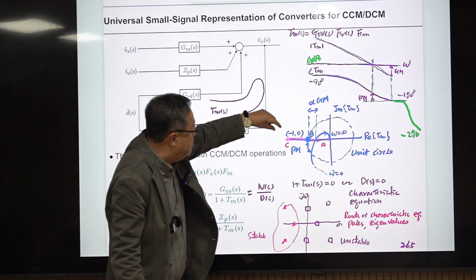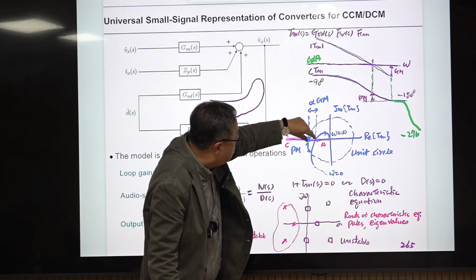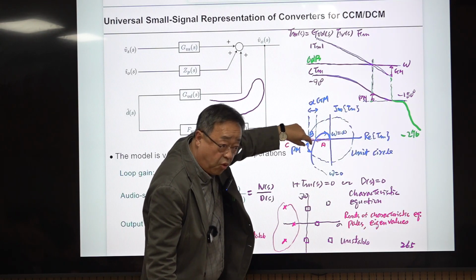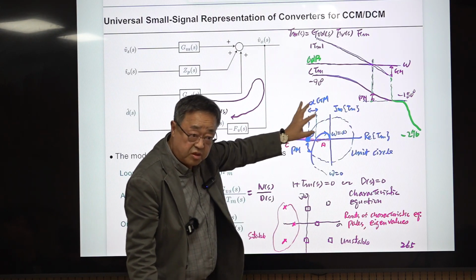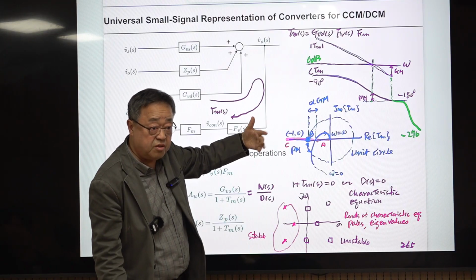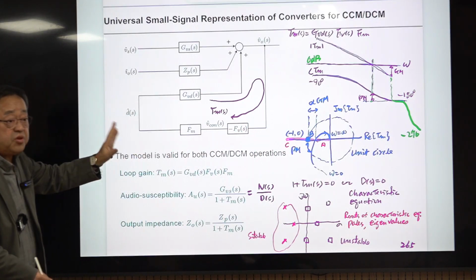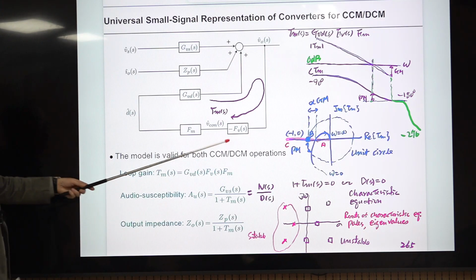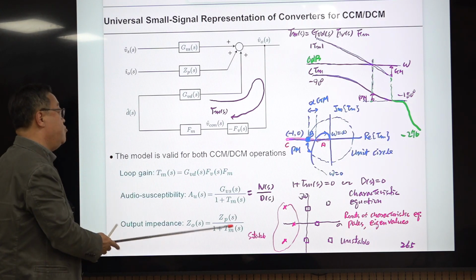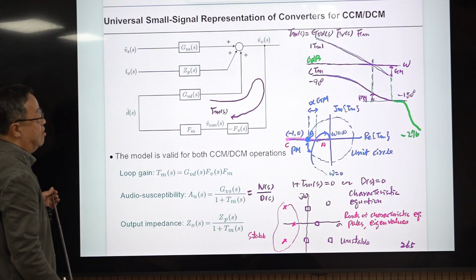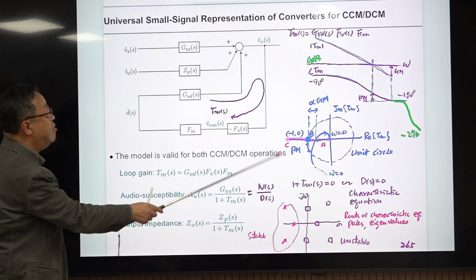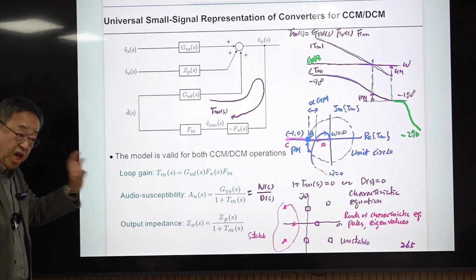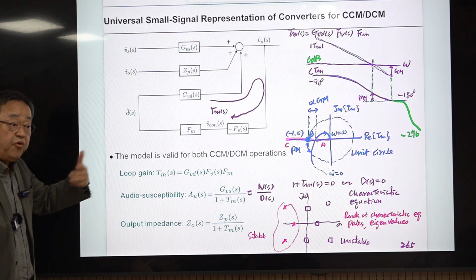If this length is long, GM is large. If this is short, GM is small. It is actually the inverse of something, but they are related. So with this information, you can directly evaluate the phase margin, gain margin, and stability of the converter by using this or using this. They are the same thing, the same information in a different format.